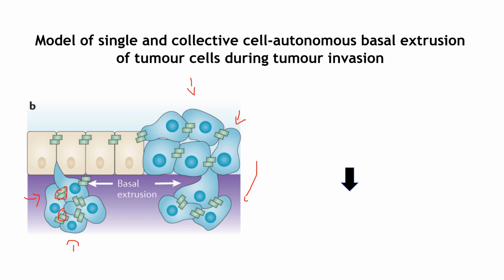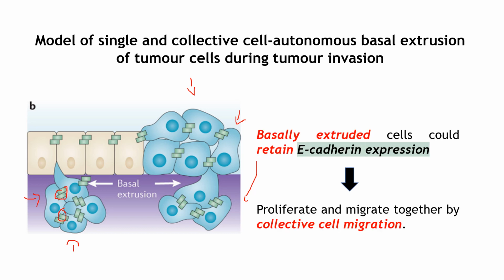What they are trying to show here is that the cohesion is still retained. Although they escape, they basically are extruded, they retain the cohesion, and as a result of that, all these cells work as a group, and they are able to proliferate and migrate together. So we have seen both individual and collective migration.